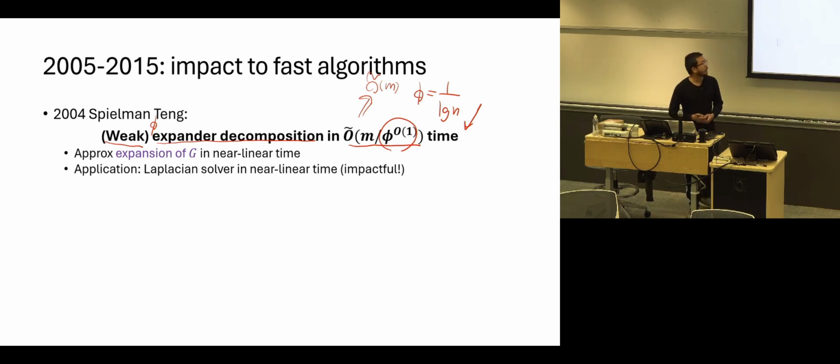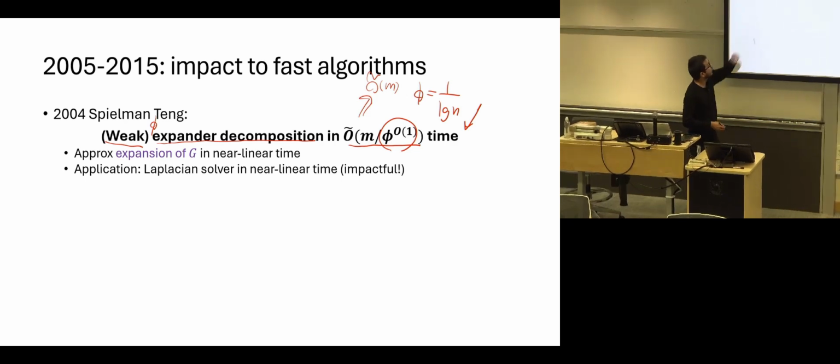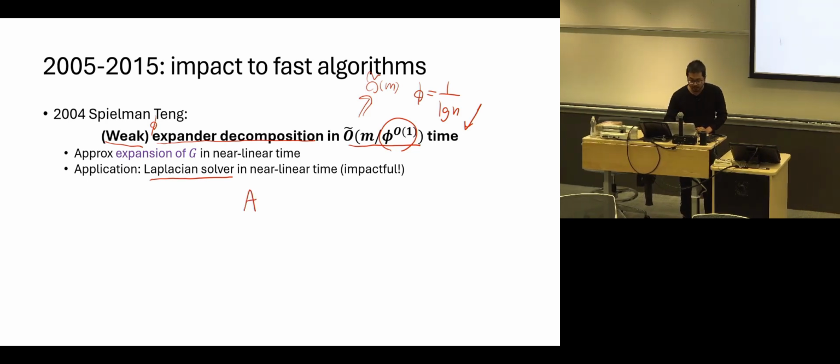And once you have that, you can use it to solve many things. Like, once you have expander decomposition, they use it to solve something called a Laplacian solver. What is a Laplacian solver? This is a problem where you have a linear system, where if you multiply x by this matrix A, it equals b, and you want to find what x is.